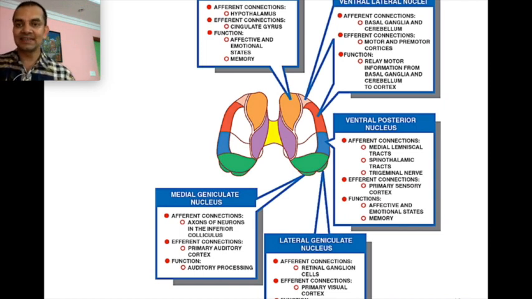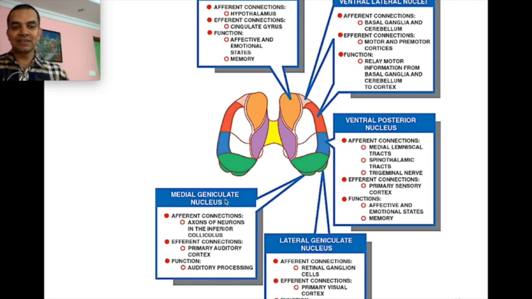The efferents go to motor and premotor cortices. So, basically this is the motor circuit. The ventral posterior nucleus receives afferents from medial lemniscal tracts, the spinothalamic tracts and trigeminal nerve, and efferents go to the primary sensory cortex. So, the thing which we were discussing quite a bit, that all sensory stimuli reach the cortex via the thalamus, this is the main sensory circuit.